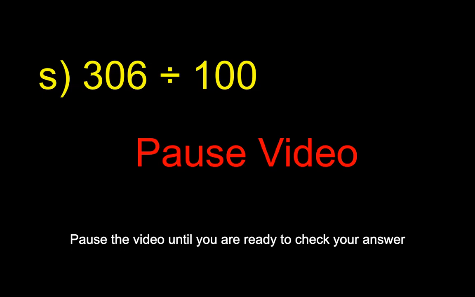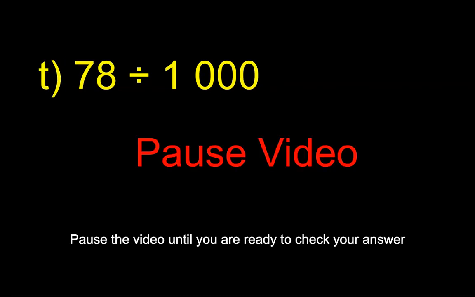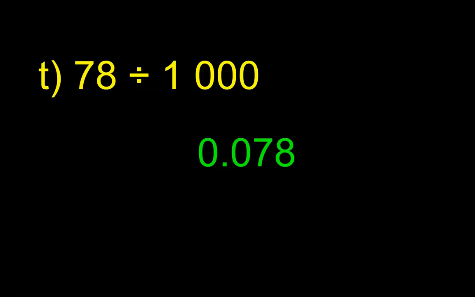Pause the video, continue when ready. 3.06. 78 divided by 1,000. Another 1,000. Right, pause the video until you're ready to mark. 0.078.